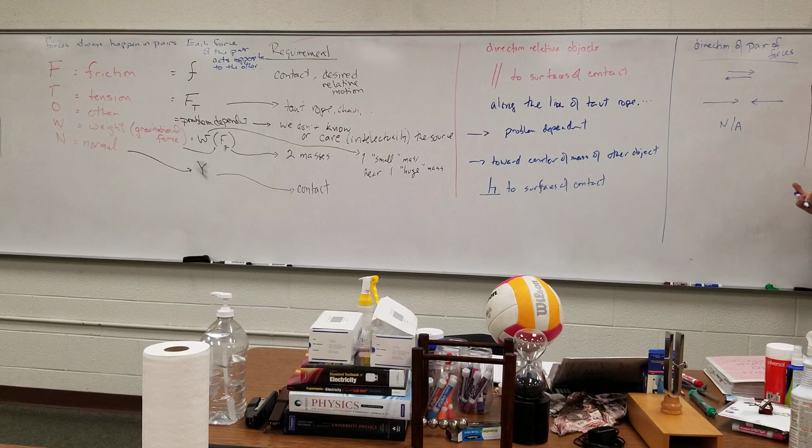Other, again, you don't know what's causing the force, or it's irrelevant, so you generally don't write those down. So not applicable. Weight. That pair of forces is always acting towards each other. So typically vertically, but they're pointing towards each other. And normal force, the pair always points away from each other.